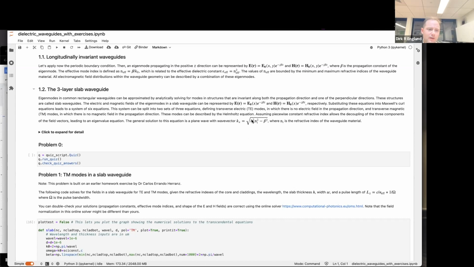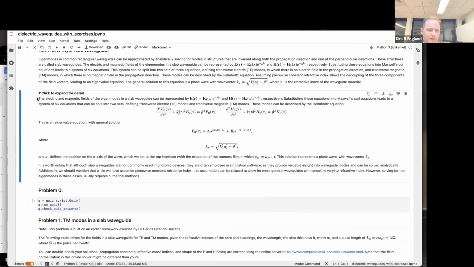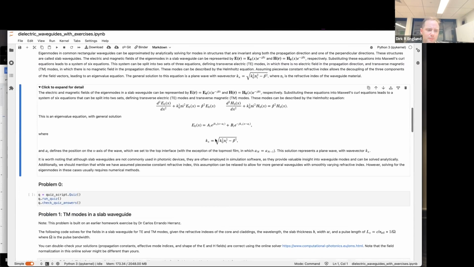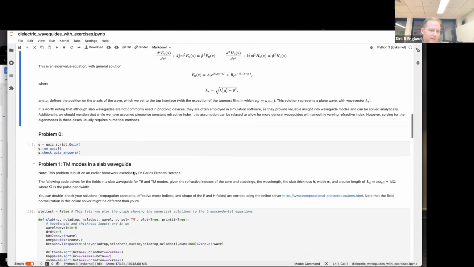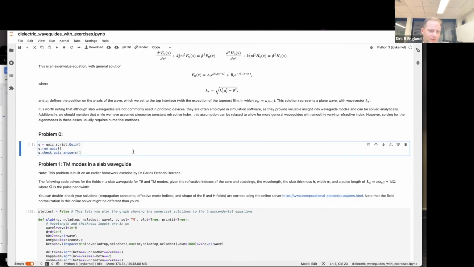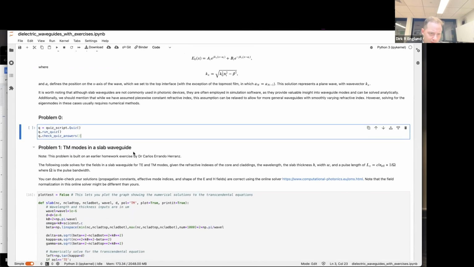So here I provide you more detail. Oh, thank you, CJ, you put in this click to expand for more detail. So here's the full math on that part. And now let me just get to how we can actually represent this and mathematically solve it in Python.